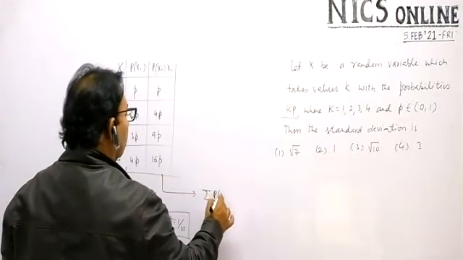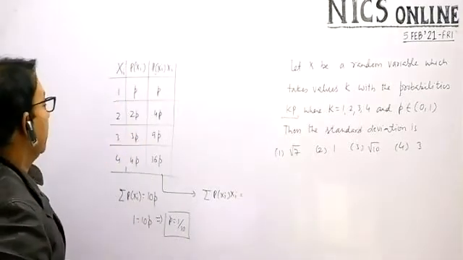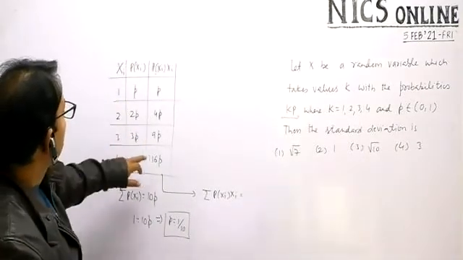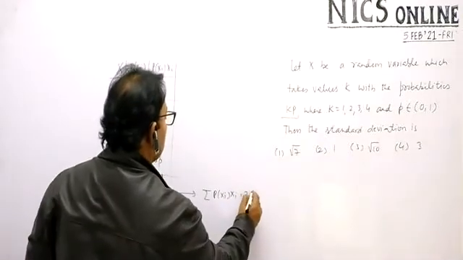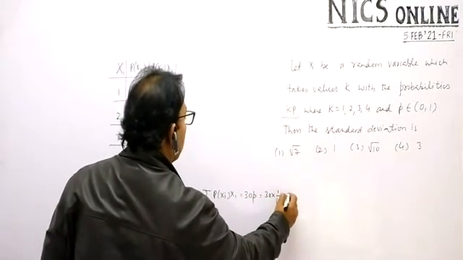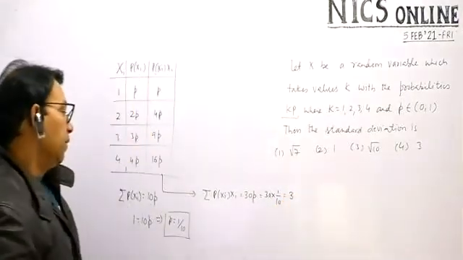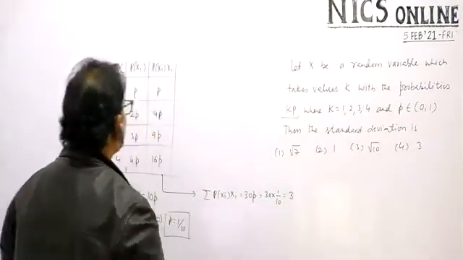Summation of P(xi) into xi. Don't be in hurry. आराम से करो because it's easy question. So this is coming out to be 30P आ रहा है ये. And P की value is 1 by 10. This is coming out to be 3. Sigma P(xi) xi. इसको मैथमेटिकल एक्सपेक्टेशन भी कहा जाता है.